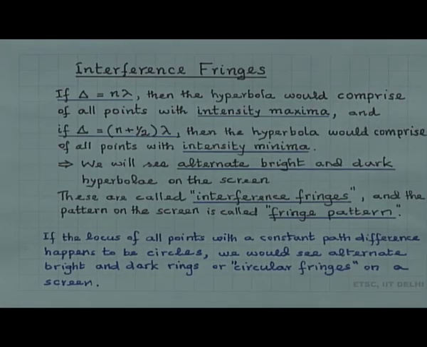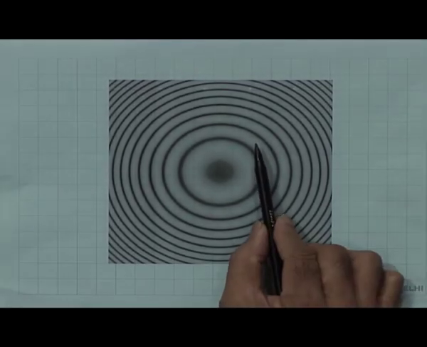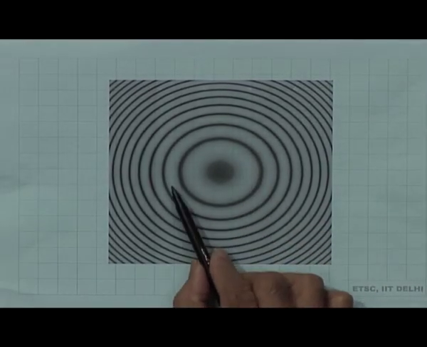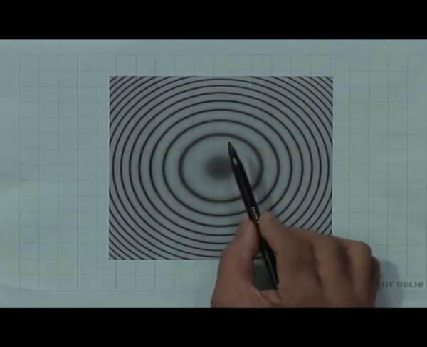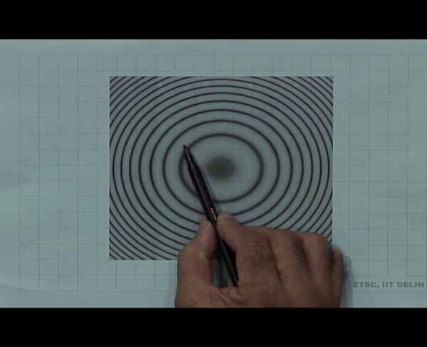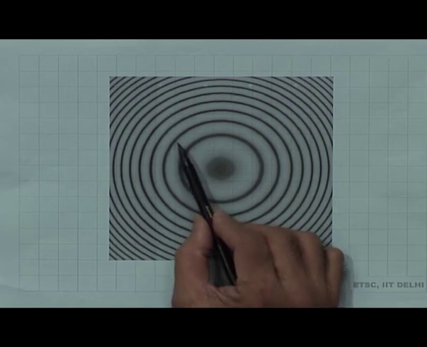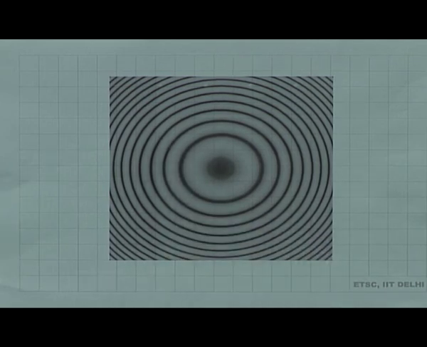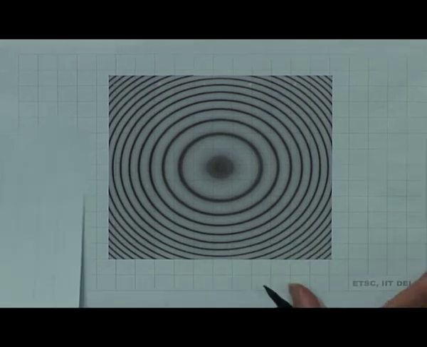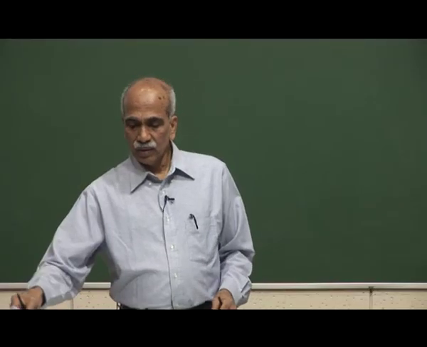The circular fringes that I showed you here are because the locus of constant path difference is circles in this case. The bright fringes correspond to path difference n lambda, and the dark fringes correspond to path difference n plus half lambda. That is how we get the fringe system in an interference setup.